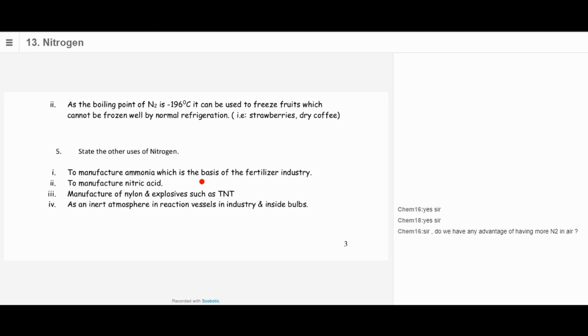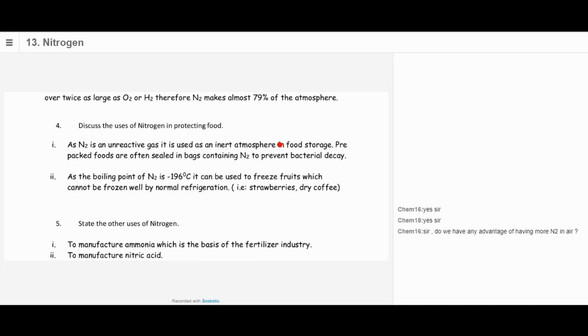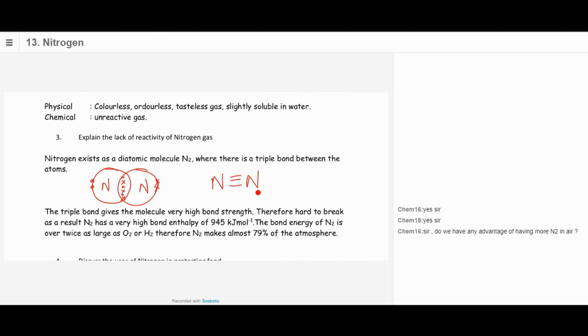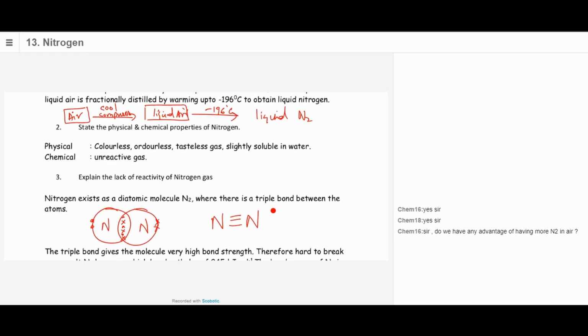Nitric acid, HNO3, is made by the reaction of nitrogen dioxide with ammonia, and also in the manufacture of nylon and explosives such as TNT. TNT stands for trinitrotoluene. So for that we use the nitrogen.